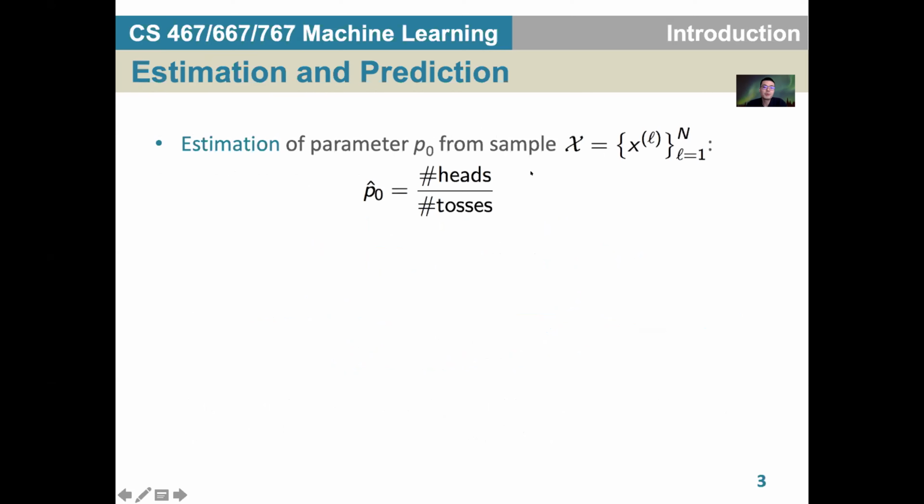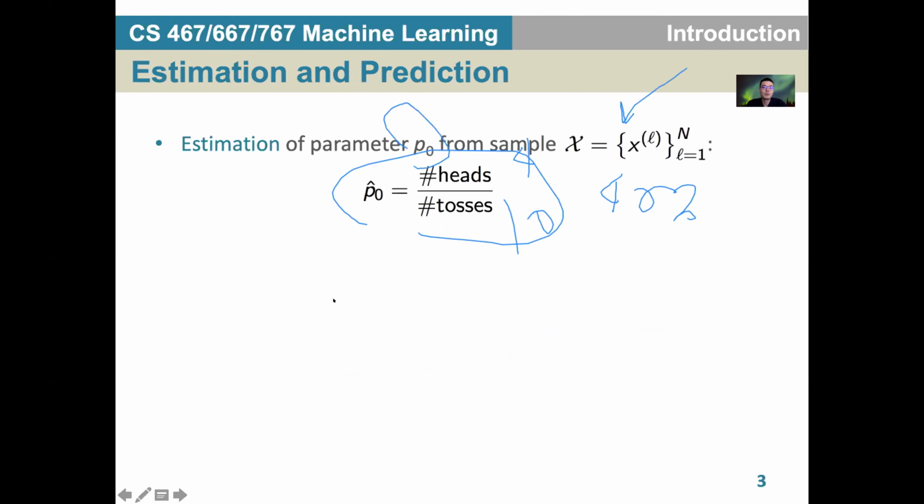Now what we want to do is estimate the probability P0, which means the probability that you will get heads instead of tails. The probability can be estimated like this, which is pretty obvious. Let's say you toss 10 times and you get 4 heads. You think it's 40%. We will make this more rigorous later, but this is basically how you estimate P0.